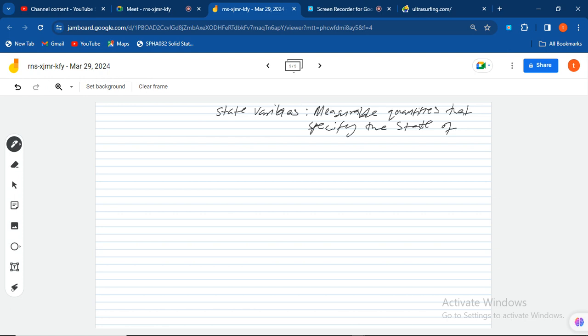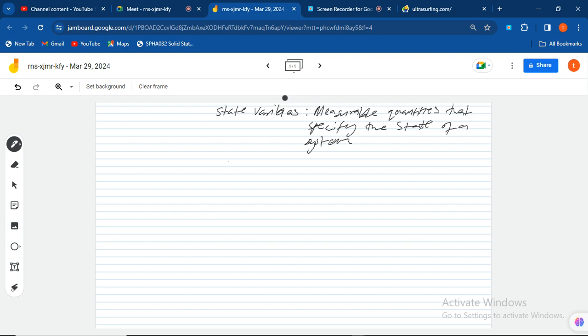Simple to define this. State variables. You see, it's self-defined. It will determine or specify the state of a system.